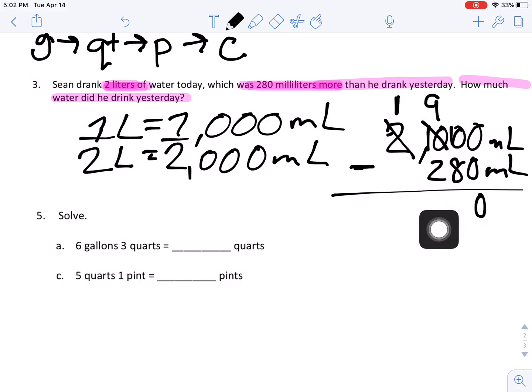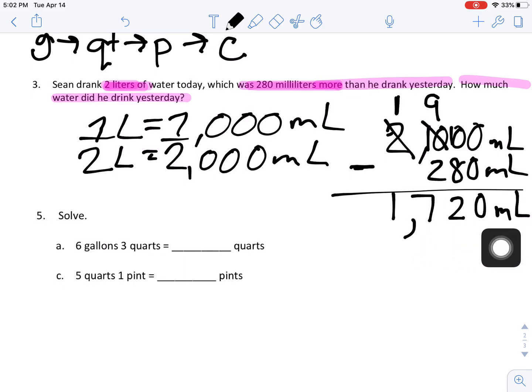So now we go 10 minus 8 is 2. 9 minus 2 is 7. 1 minus nothing is 1. Bring my comma because we go ones, tens, hundreds, comma. And that means that yesterday he drank 1,720 milliliters. So you might have to think back to a unit of measurement we learned before.